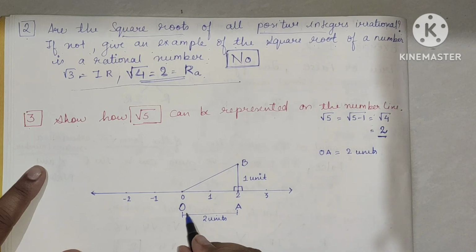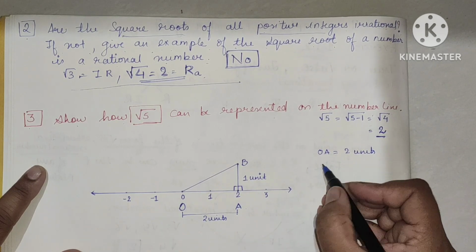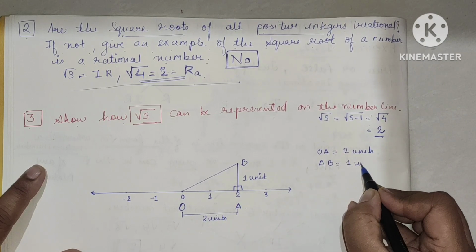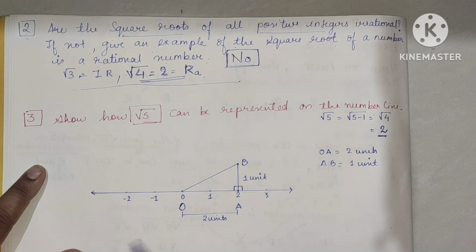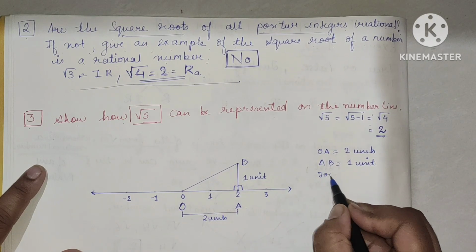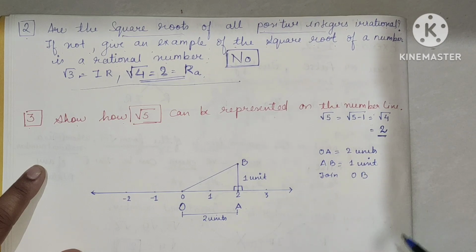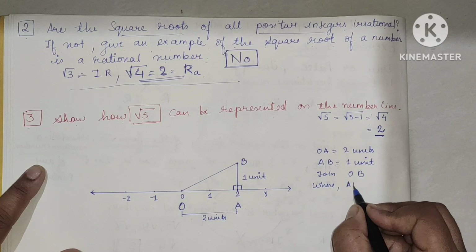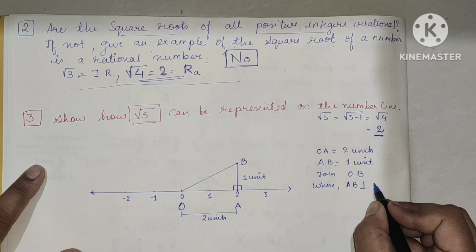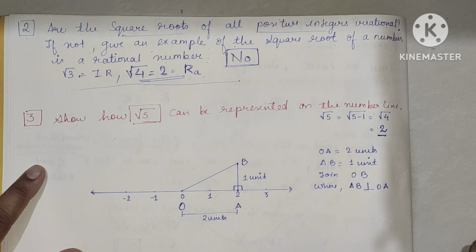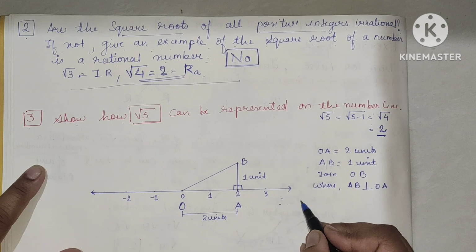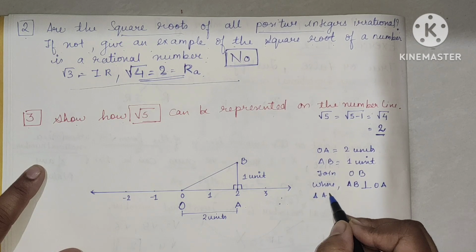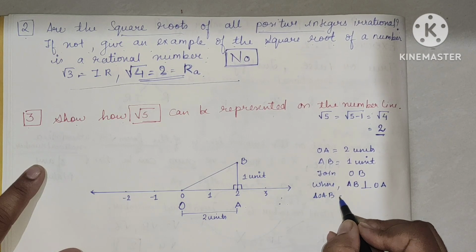That means AB is equal to 1 unit. Join OB, where AB is perpendicular to OA. Therefore, the triangle OAB is a right angle triangle.